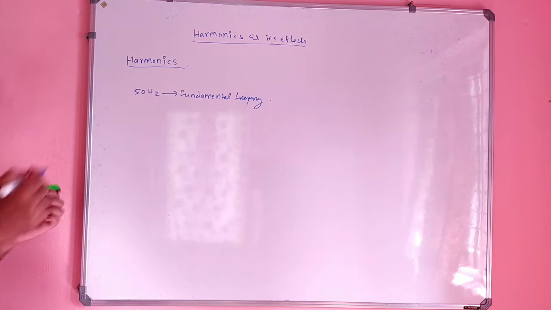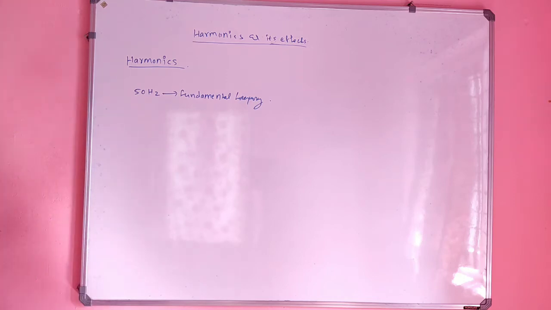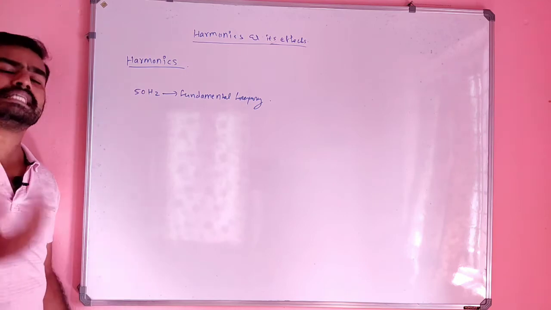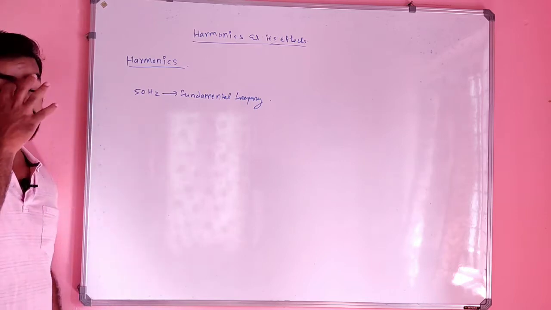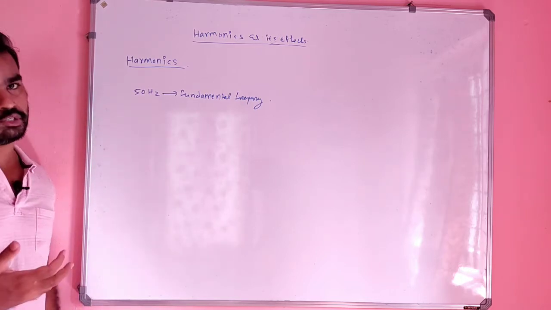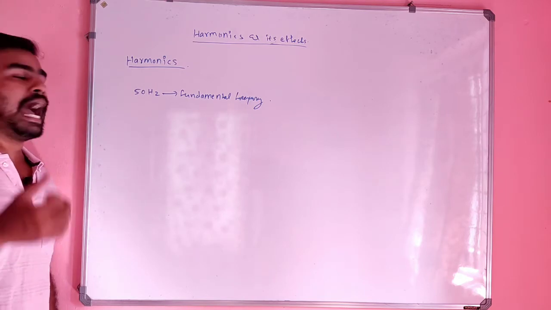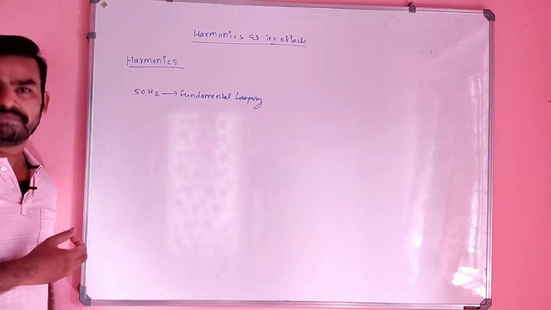Many waves are there due to many reasons, and there is a chance of producing some waves which are not good for us. The frequency of that wave need not be 50 Hertz.